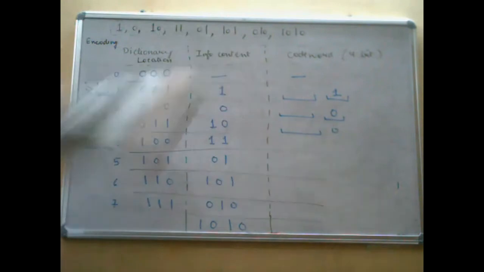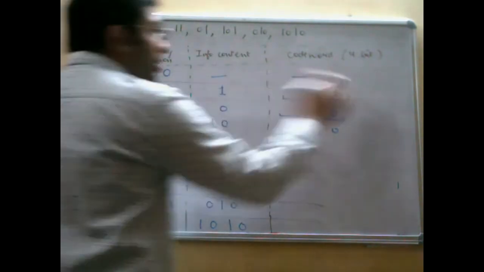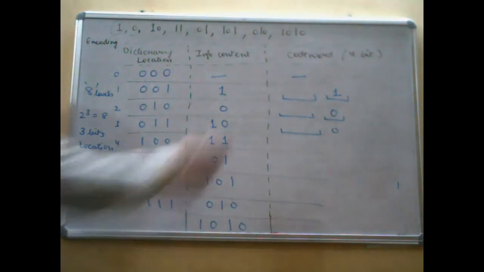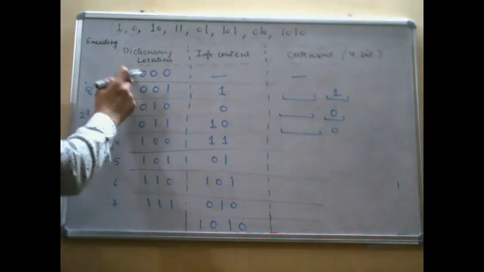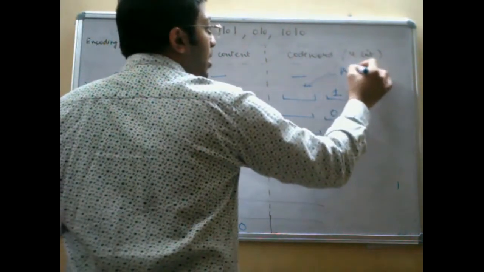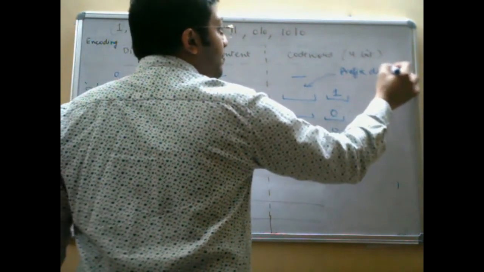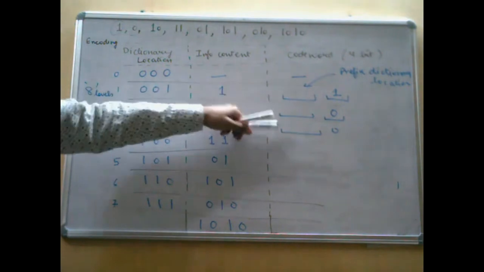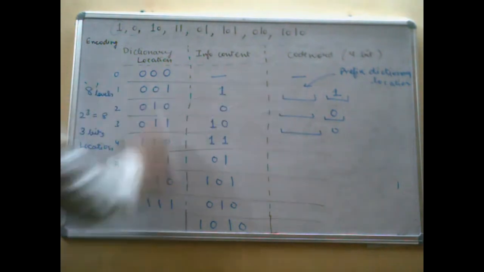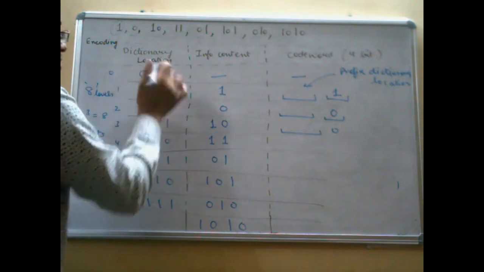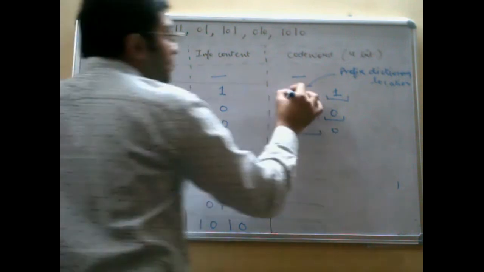Now we have to look for the prefix. The last bit will be this only. Now we'll look for the prefix. This prefix will be nothing but the dictionary location over here. Now, for 1 and 0, I will take this starting one as the dictionary location.